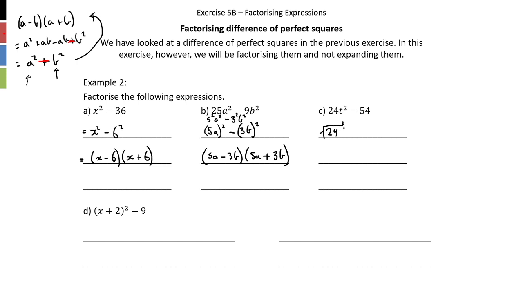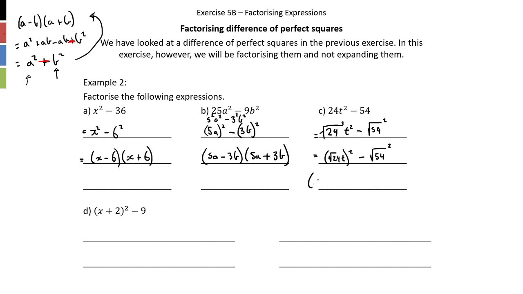And now we have something squared minus, and we can do the exact same for 54. We take the square root of it and then square it, and that's equivalent to 54. So now we have first term squared, second term squared, and just to write it again, square root of 24, t all squared minus the square root of 54 squared.